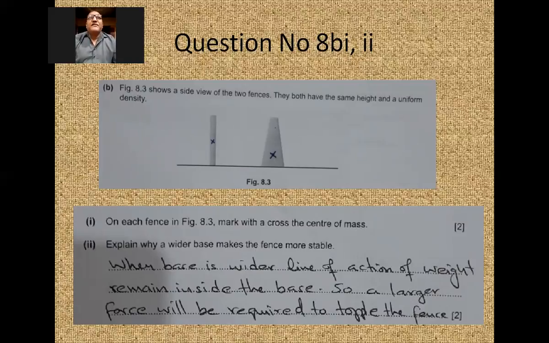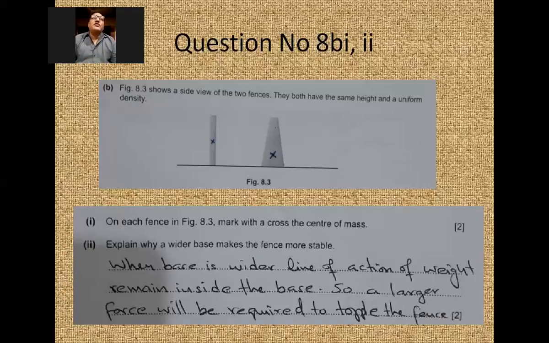For example, if you disturb it, you apply a force on this fence towards the right side. So when the fence goes to the right side, the line of action will be inside the base and it will be to the left side of the point of support, and it will bring the body back.